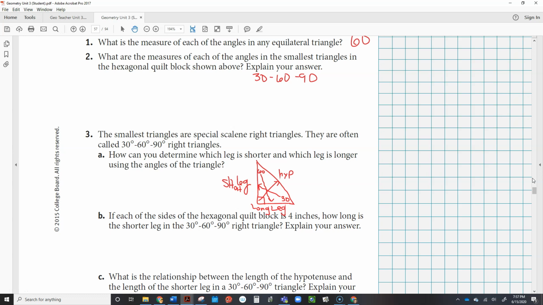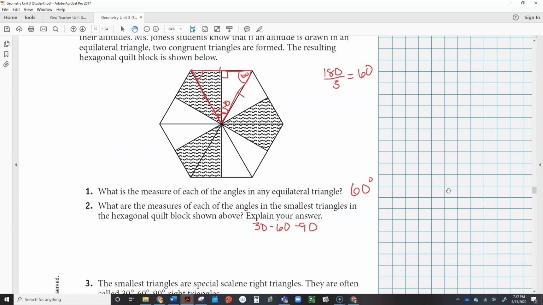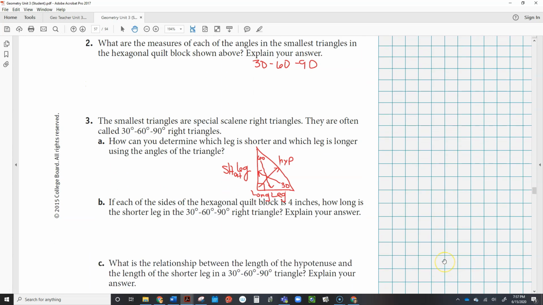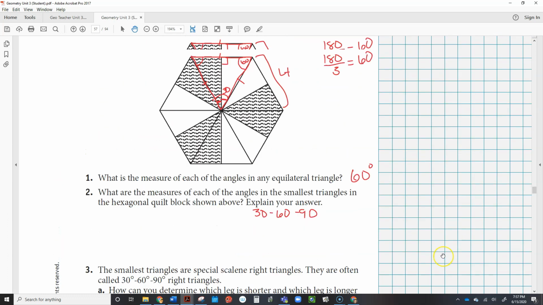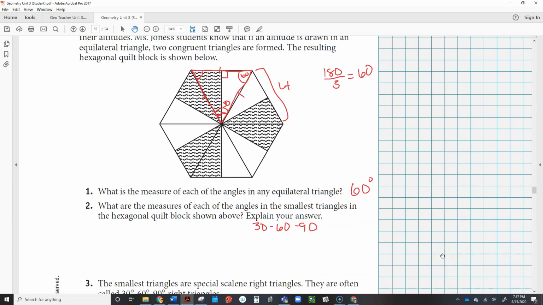It says if each side of the hexagon quilt block is 4 inches, then how long is the shorter leg in the 30-60-90 triangle? Each side of the hexagon is 4. So this whole side right here is 4. Here's the 30, and this whole thing is 4.